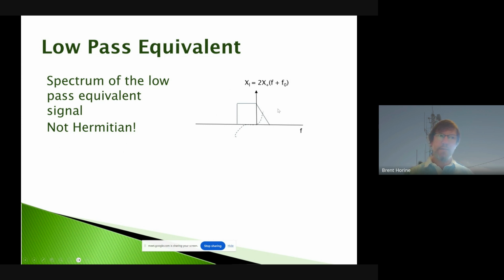So instead of having to sample at 4 gigasamples per second, maybe we sample at 40 megasamples per second. So a few orders of magnitude smaller, and that's going to make our calculations and our models run much faster.